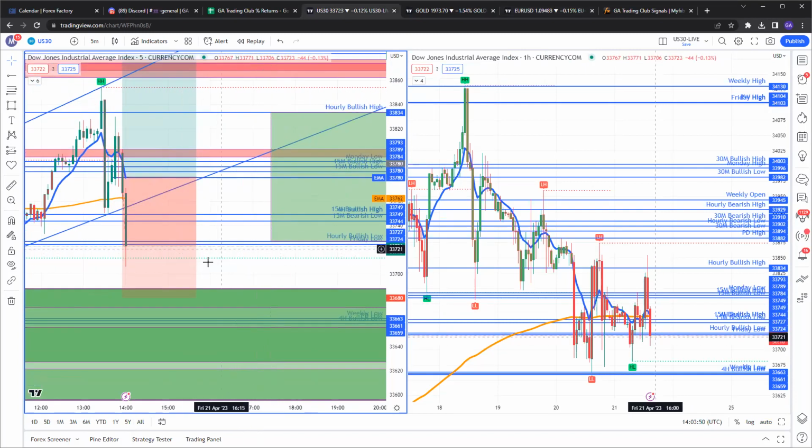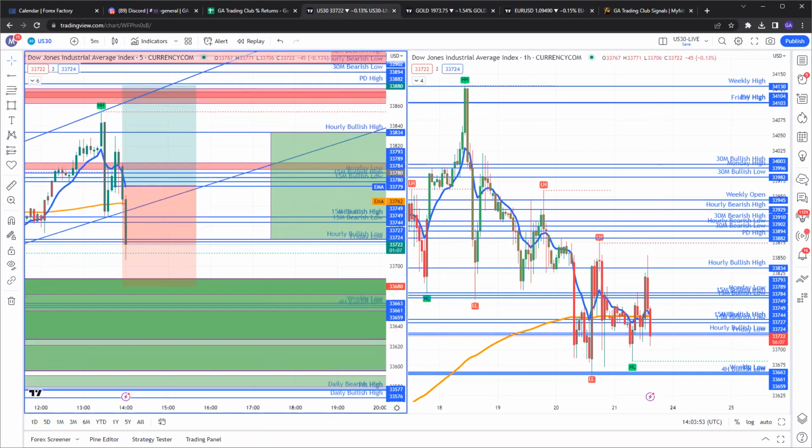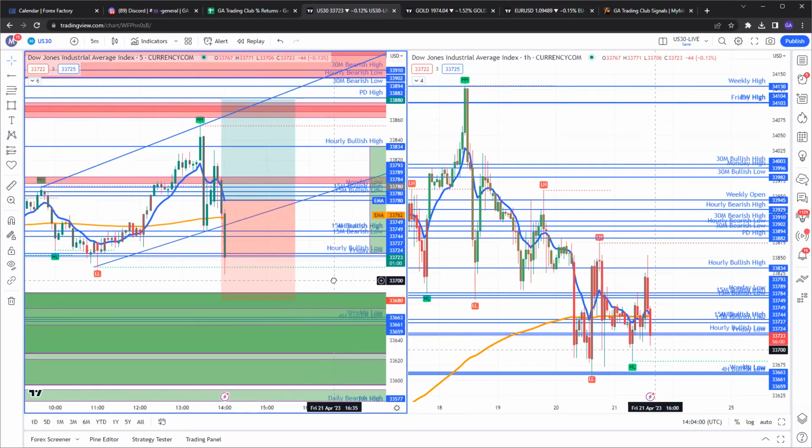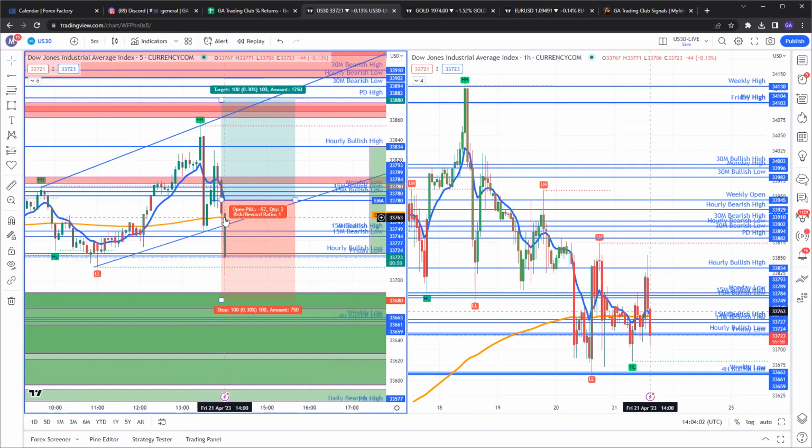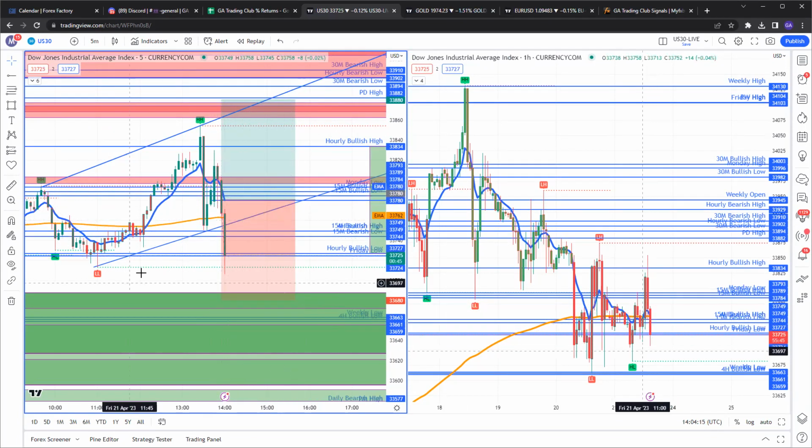And this is why I say to use a 100 pip TP or 100 pip stop loss. Now, the only other thing coming around is a death cross possibly forming on the 5 minute. That's where the 9 EMA is crossing, or will probably cross, the 200 EMA to the downside.